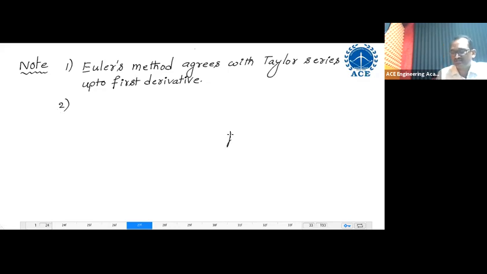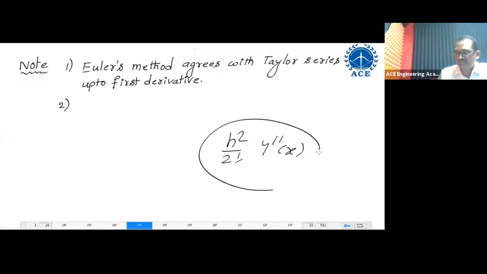The second derivative term is h square by 2 factorial into y double dash. This is the error term for Euler's method. So the error order of Euler's method is 2.